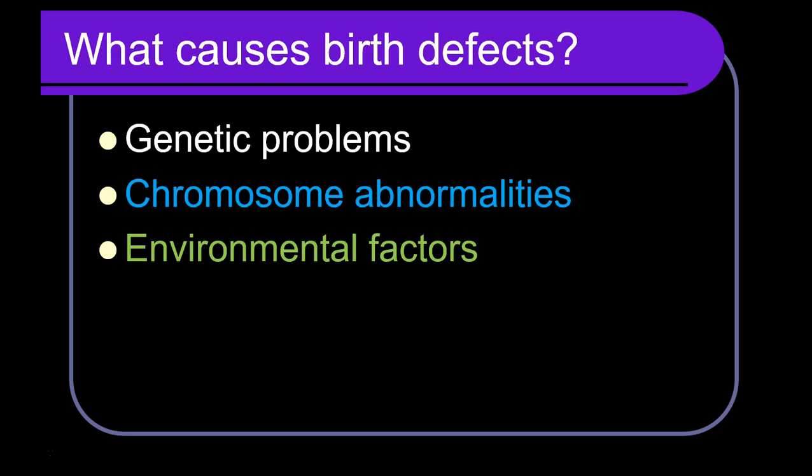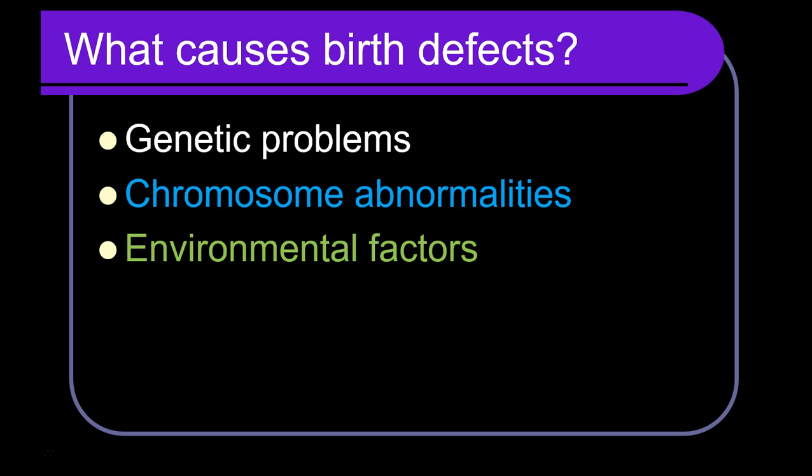So what causes birth defects? There are 3 key elements that contribute to whether or not a child will have a birth defect. So the first is a genetic problem, and we looked a little bit at problems associated with genetics and inheritance. Another is a chromosome abnormality, and that could be problems with chromosomes transferring from the parent to the child during the fertilization of the egg.